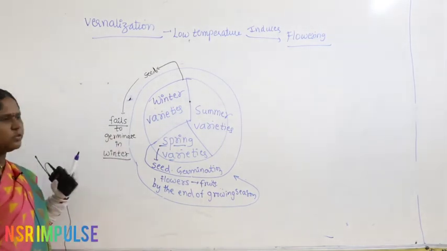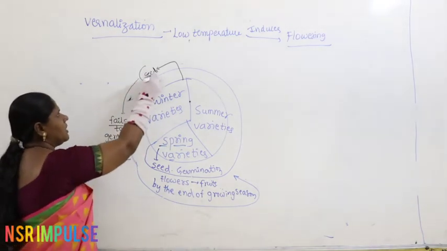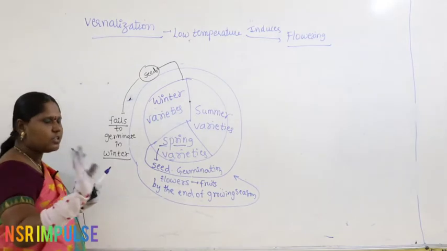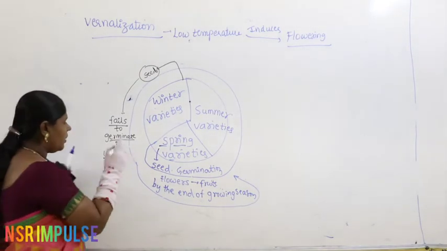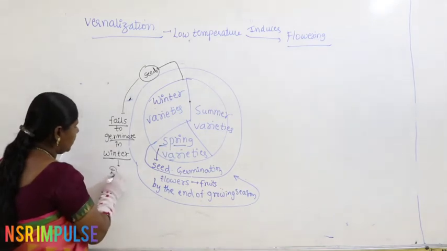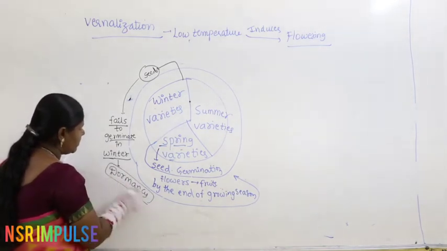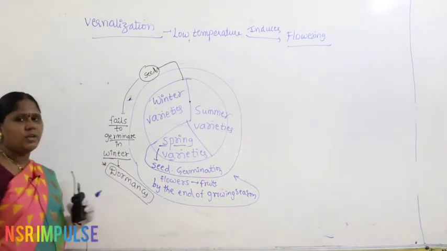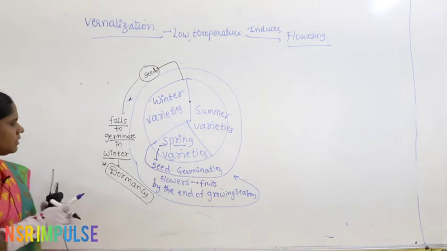In a winter variety you kept the seed, but the seed will not germinate in winter. Why? It remains in the process called dormancy. See the difference. What is the difference here?